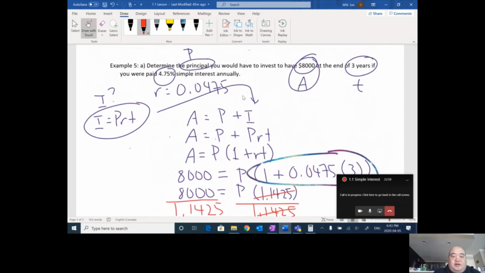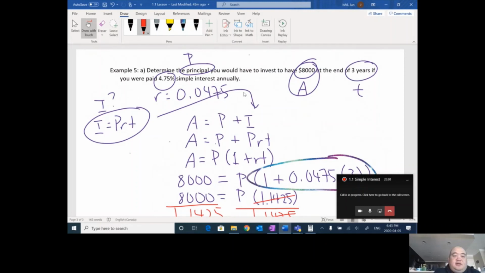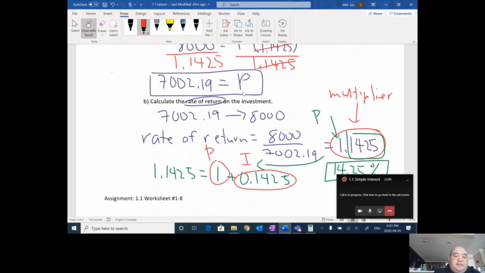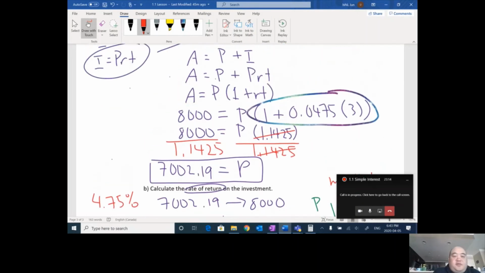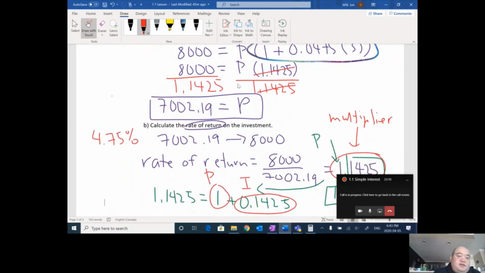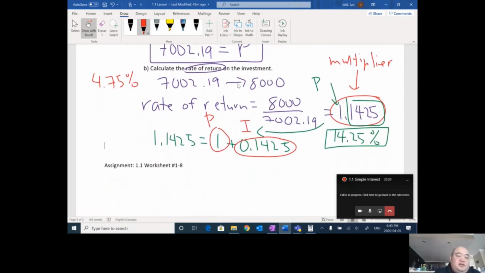If I scroll back, remember that the interest rate was 4.75% annually, so the annual rate was 4.75%, and it was put in for 3 years. So I take the 4.75% and multiply it by 3.